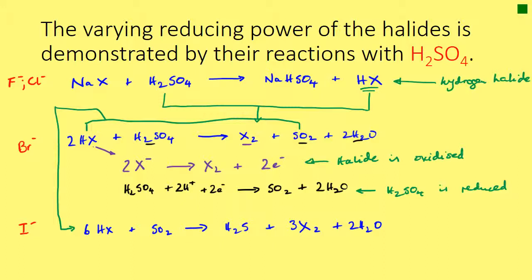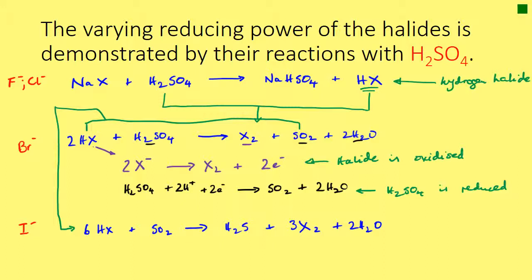So in red, just to finalise this slide, I'm going to write how to differentiate. So we've got sodium, we've got the fluoride, and we've got the chloride that only do the top reaction, the first reaction in blue.